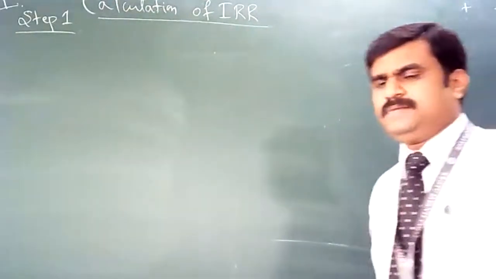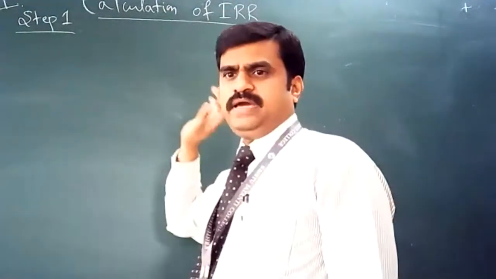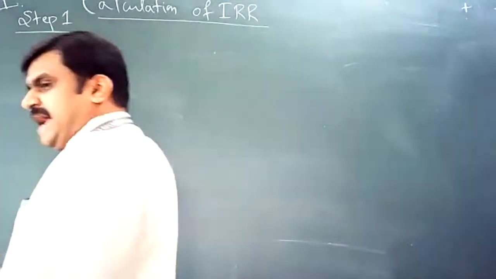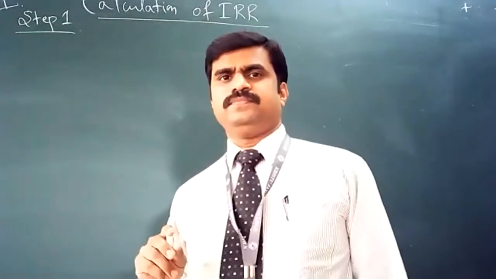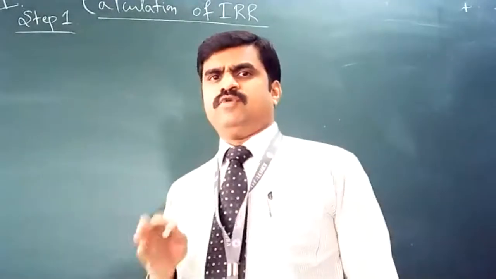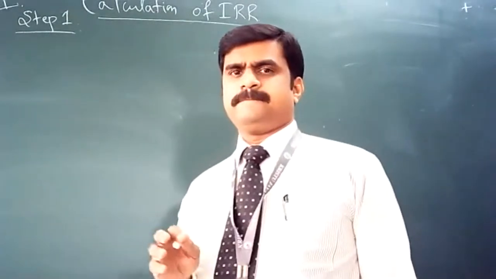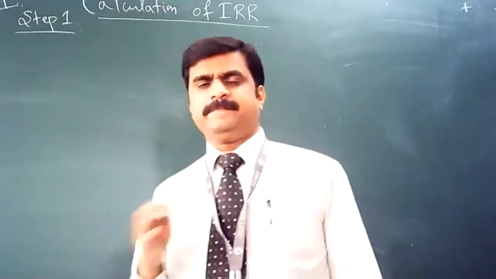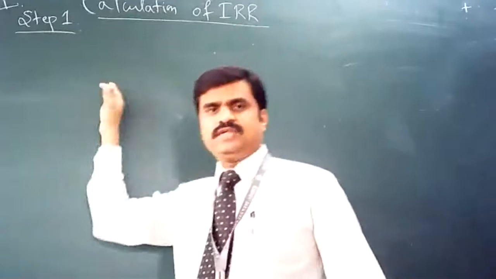All of you please write down calculation of IRR. First, let's check whether cash inflows are even or uneven. In this question, they are uneven. Which payback period formula are we going to use, the normal period or the modified period? Cash inflows are uneven.